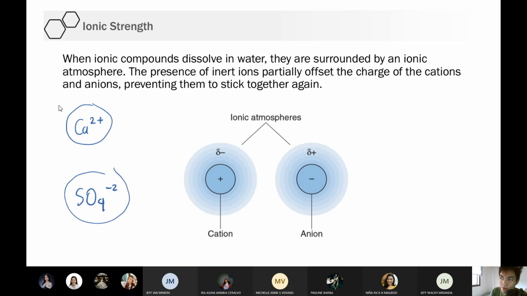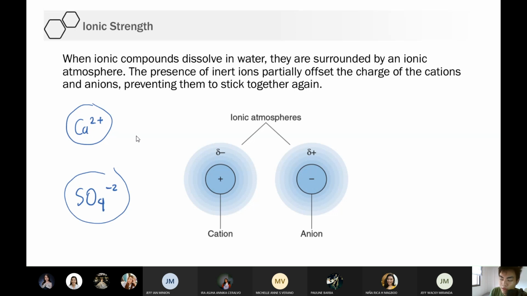If the calcium and the sulfate ions are alone in the solution, they will come back together to form the precipitate. However, in the presence of inert ions, for example potassium nitrate, that tendency of them coming back together will be decreased.